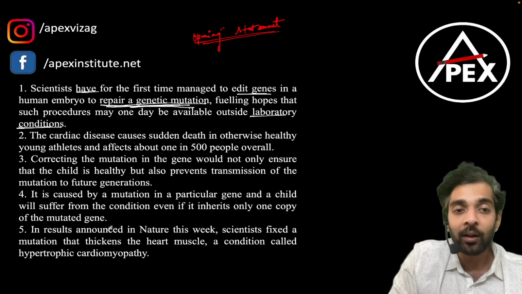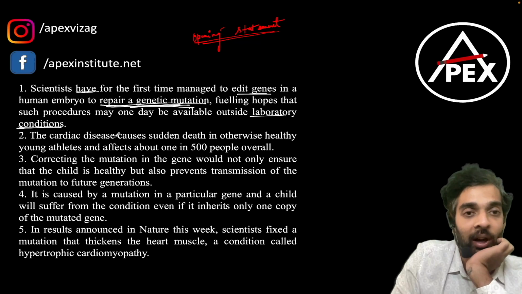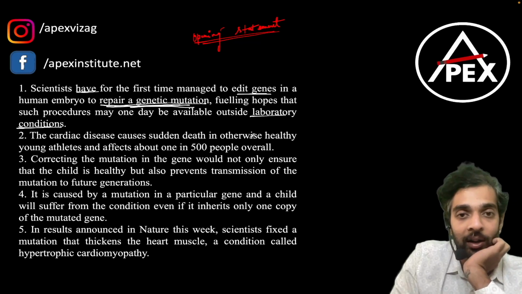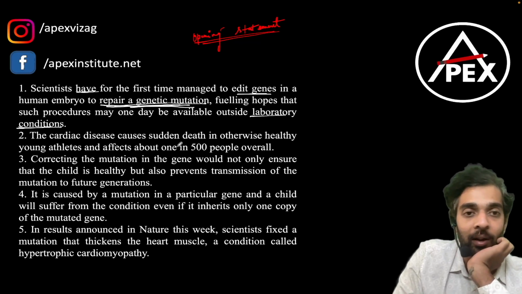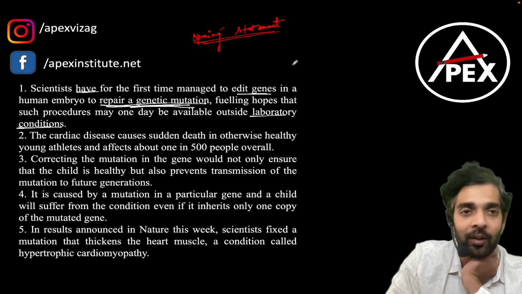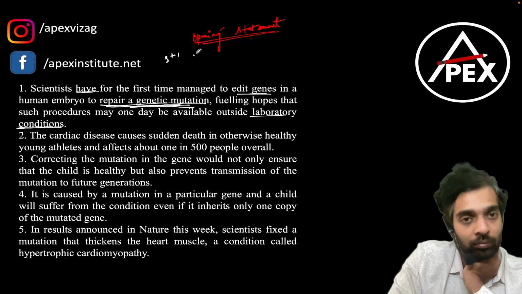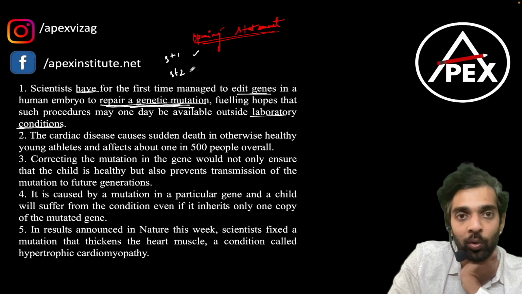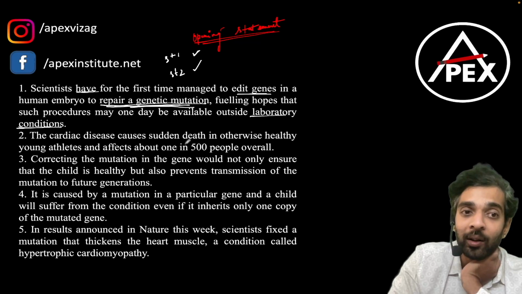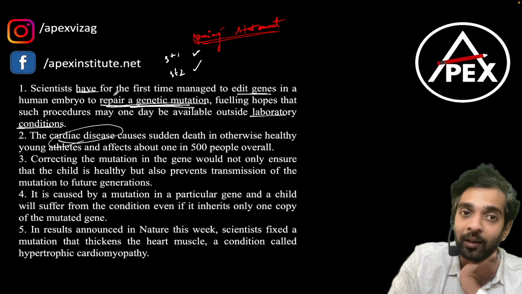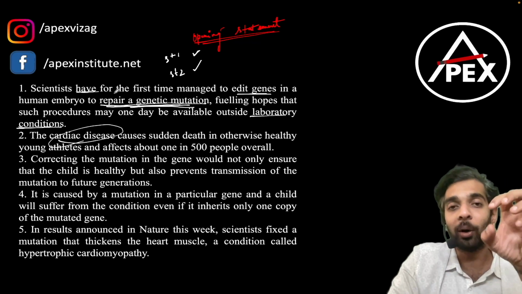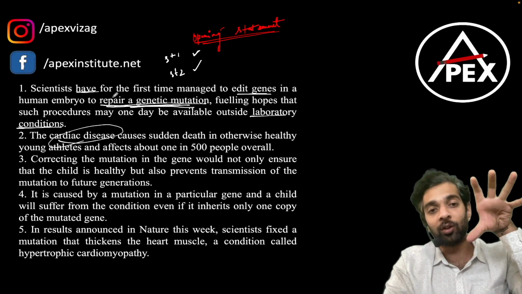Okay, next one is the cardiac disease causes sudden death in otherwise healthy young athletes and affects about 1 in 500 people overall. So to be honest, our statement 1 is also general, statement 2 is also general, but over here this is specific about a cardiac disease, and this is more or less talking about the broad scope of genetic mutations.